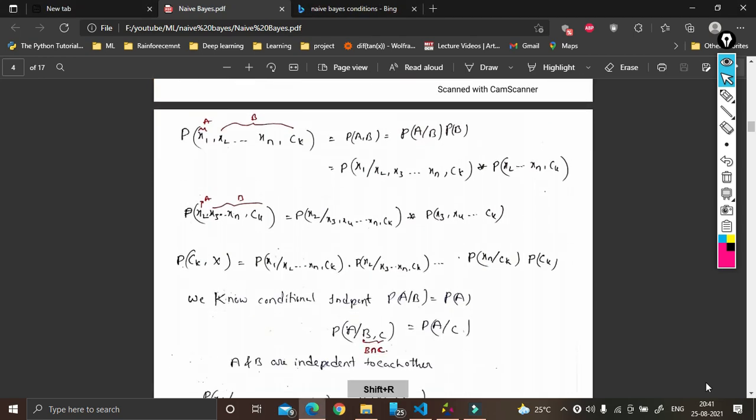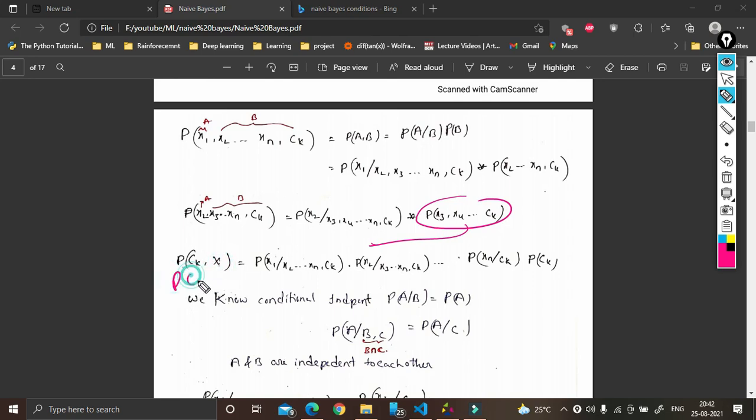Now the same thing: probability of x2 given x3 x4 ck, times probability of x3 x4 ck, and this is also similar. Then we apply the chain rule on this also.